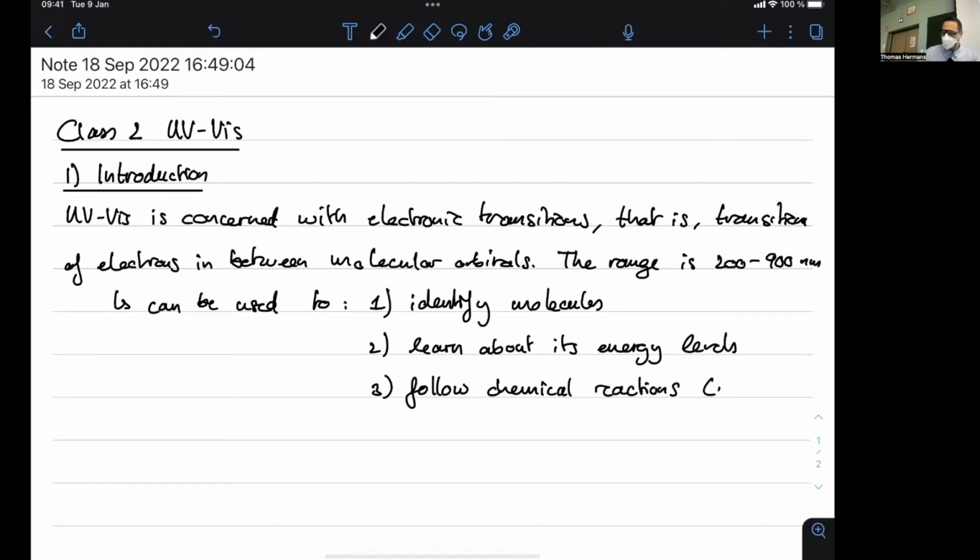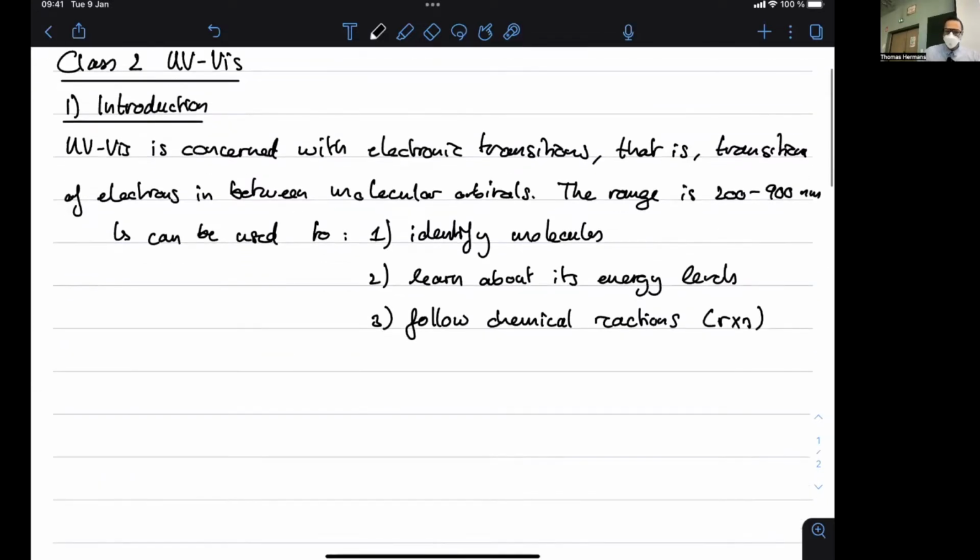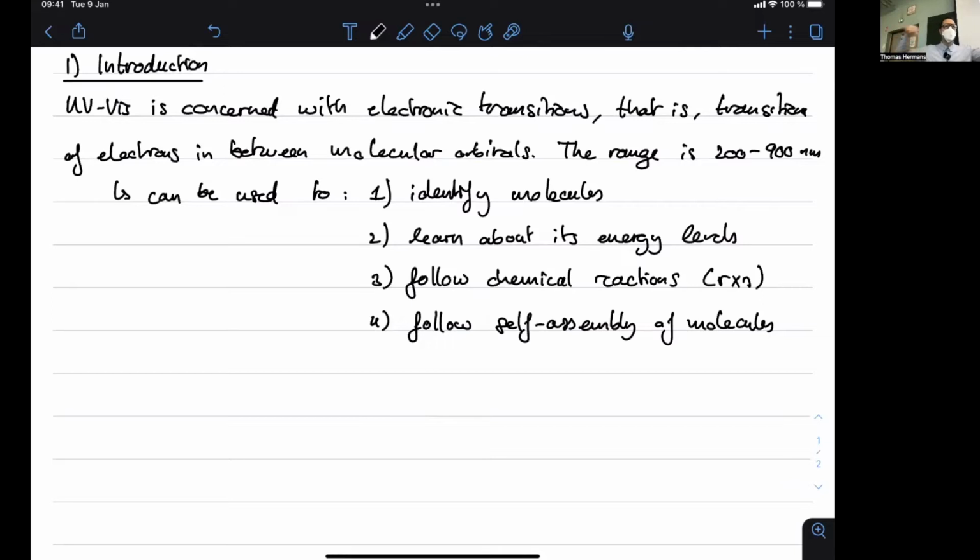I write reaction like this, RXN, the English short notation. And this is maybe not so relevant for you now, but later you can follow self-assembly of molecules. So molecules behave differently when they are freely dissolved in solution versus when they are in larger structures.